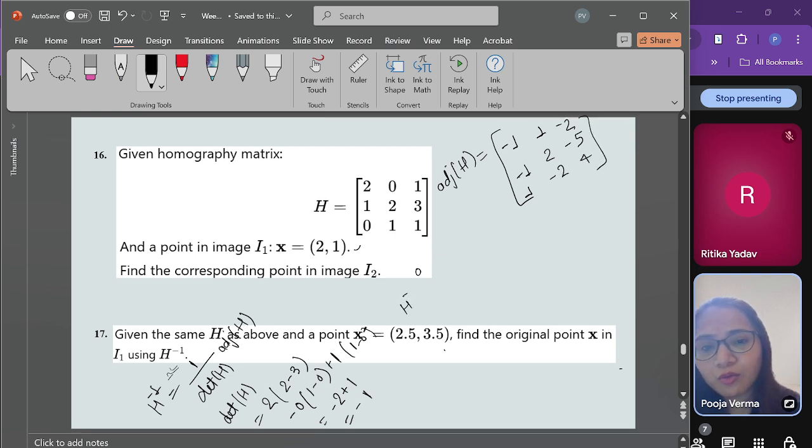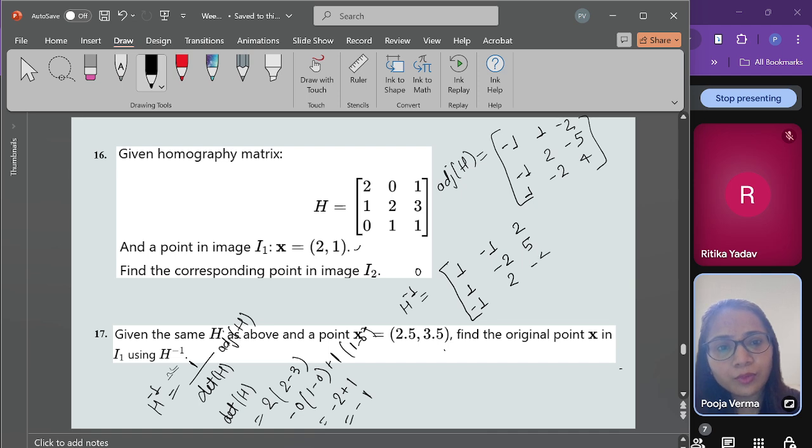Now calculate H inverse. Already we know that it is 1 divided by minus 1 multiplied by this adjoint. I am just directly writing it, because we just need to multiply by the minus sign. So you will get 1, minus 1, 2, 1, minus 2, 5, minus 1, 2, minus 4.